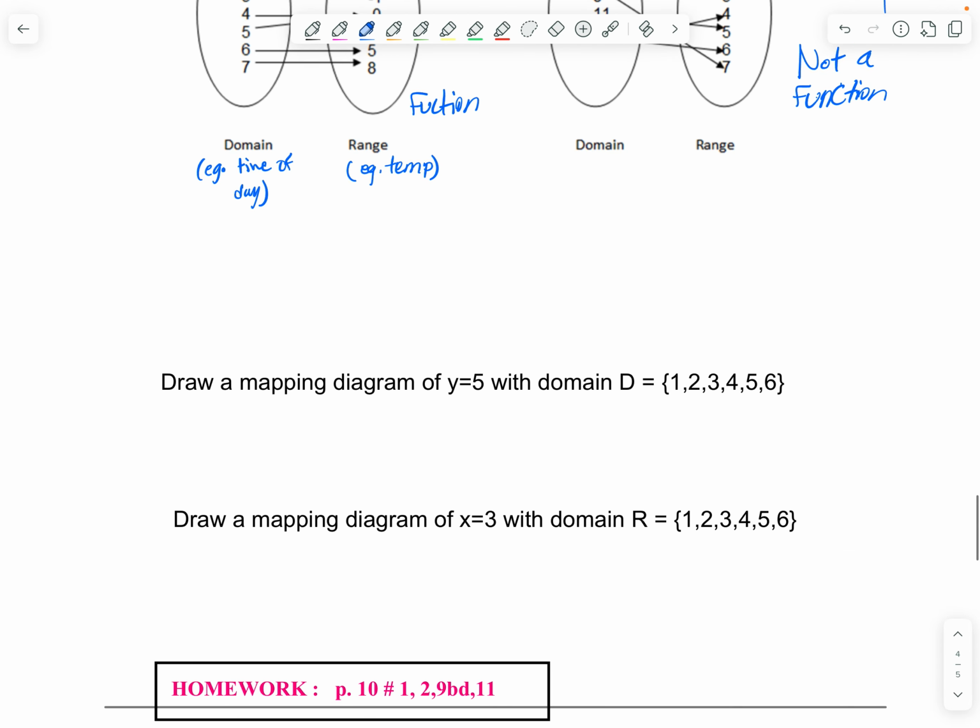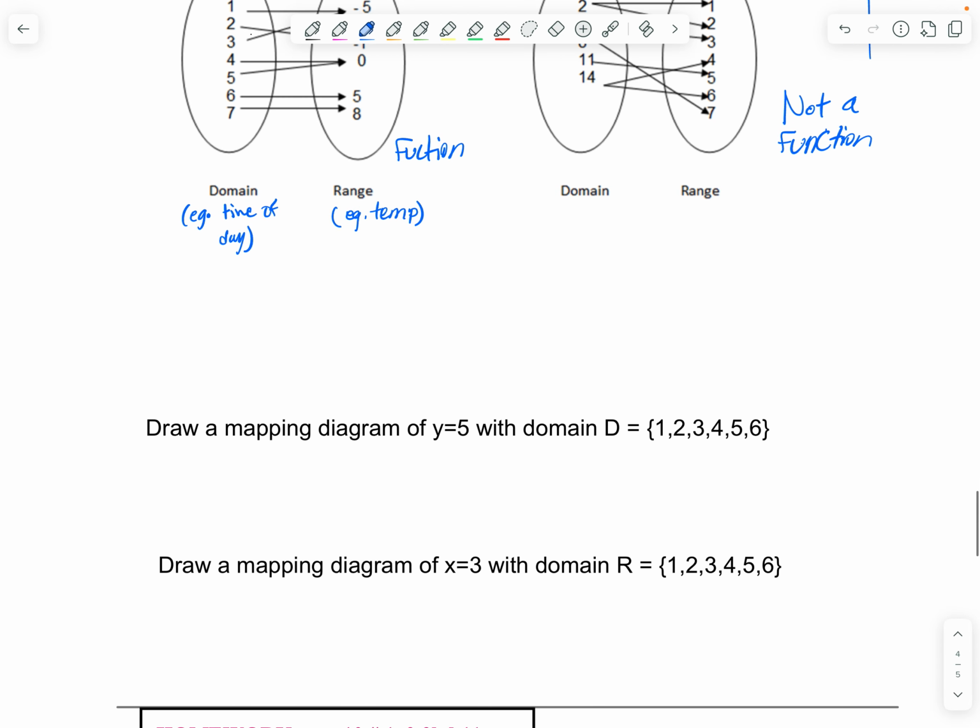Okay, last thing I want to do here is go over what a mapping diagram looks like in context, like drawing one. Here it's saying draw a mapping diagram for y equals 5 with a domain of this. So I'm going to draw two clouds. The one on the left is my domain, my x, and this one is going to be my range.